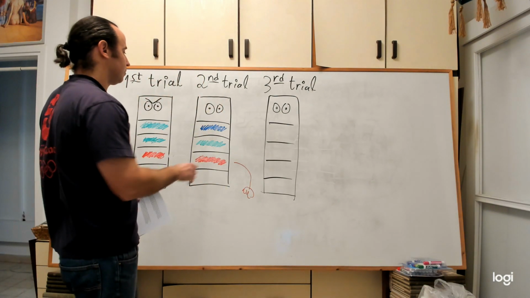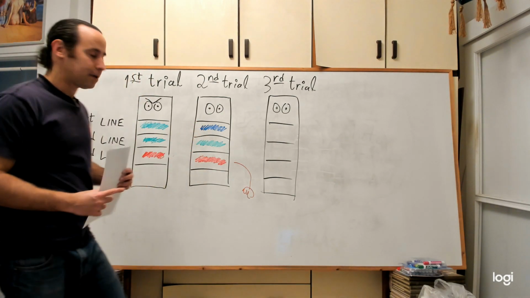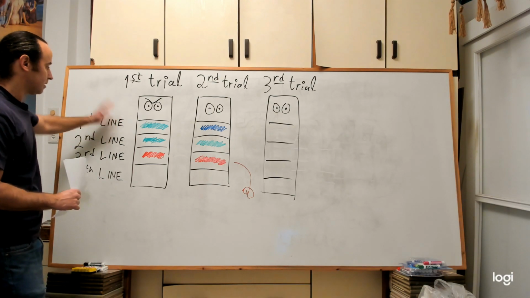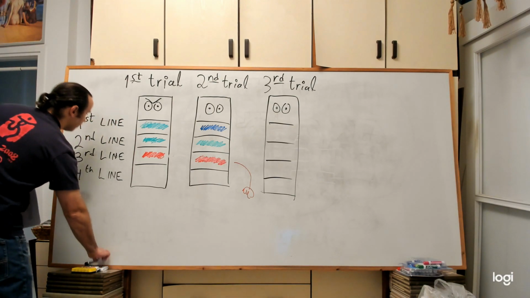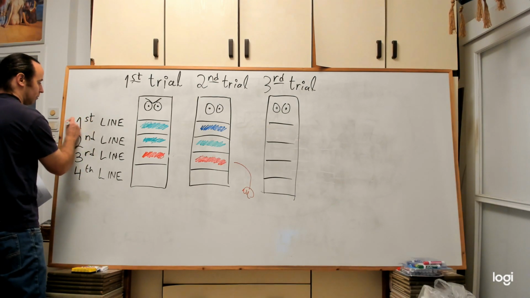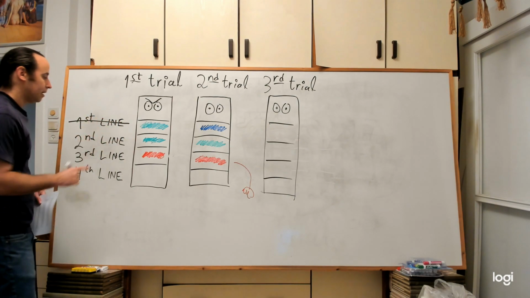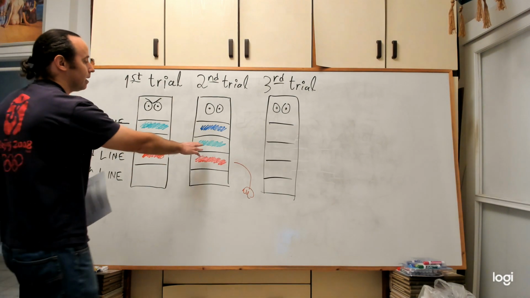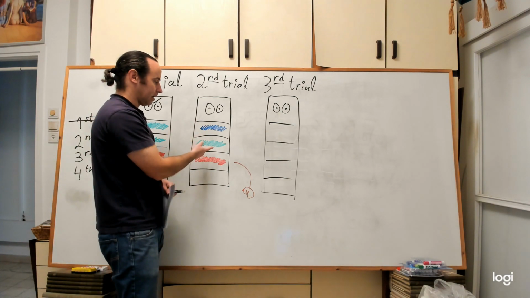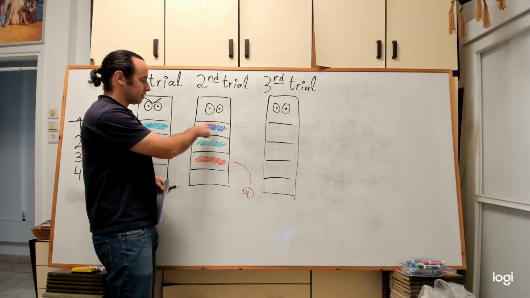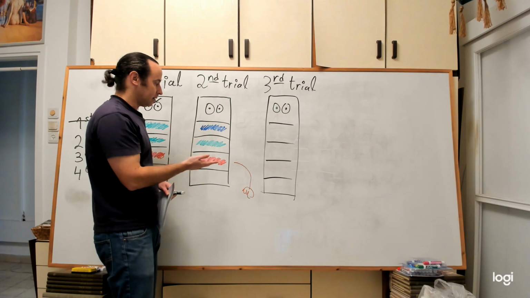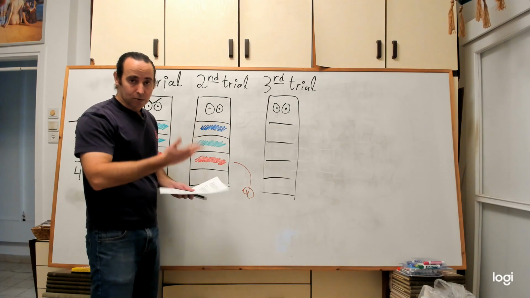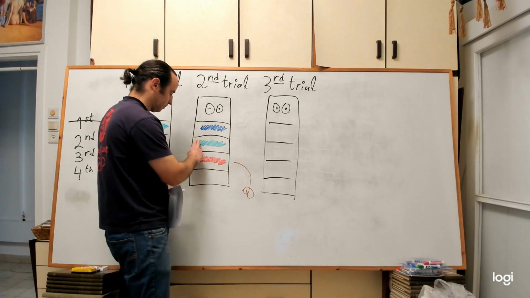We go to the first line. We saw that the first line doesn't help us. So we say, okay, the solution is not in the first line. Let's see about the second line. We go to the second line and if it was blue, let's make it green. If it was already green, let's make it blue, or some other color.